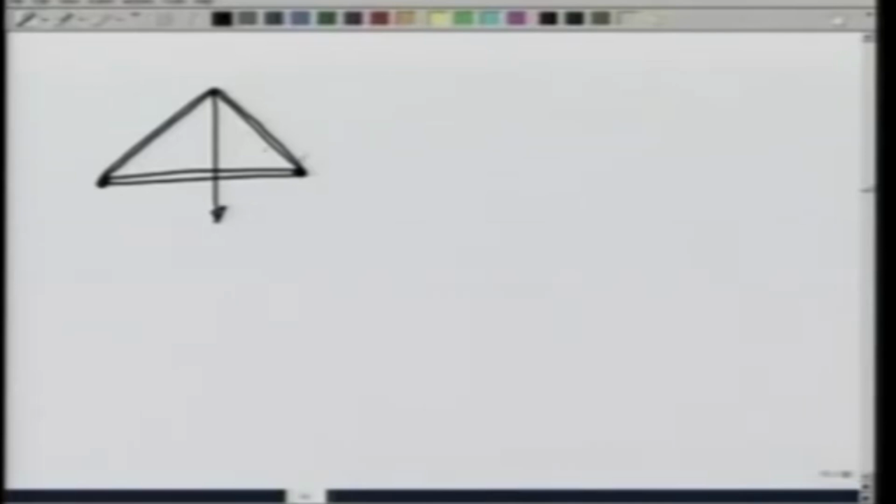If I look at this system, there is a force W by 2 acting here, and force W acting downwards. What I want to know is what are the forces in these different rods or members of the system. So let us call this 1, 2 and 3.